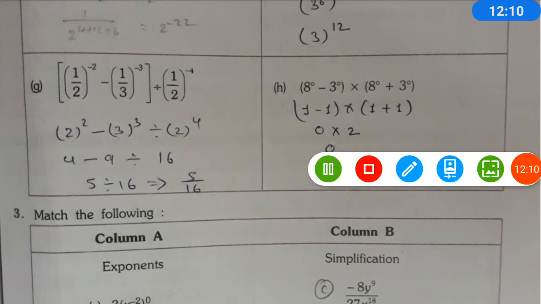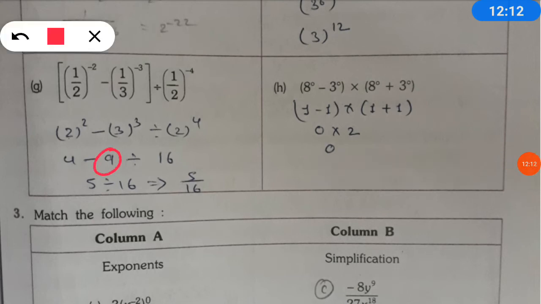So dear student, here it will be 27 that will come. So don't note down what I had told you before, you have to note down the answer is 23 upon 16. Clear to everyone? Now moving toward the next answer, as you know a to the power 0 is equal to 1.